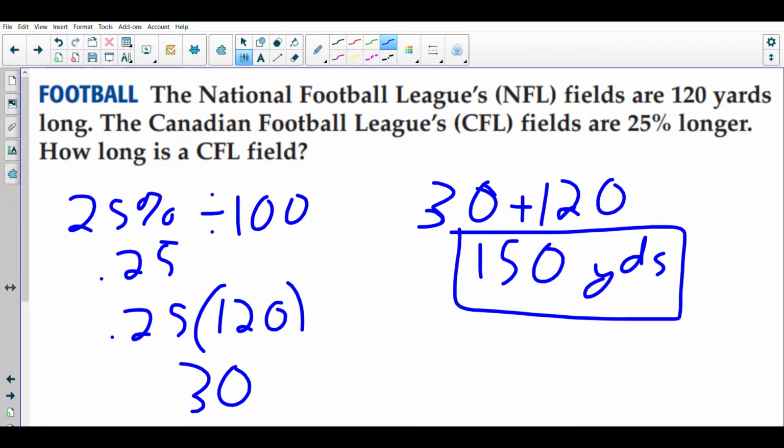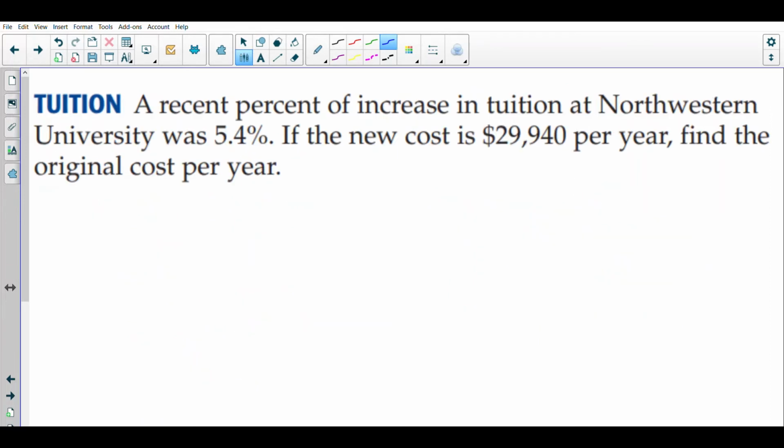And there you go. Next, a percent of increase: the increase in tuition at Northwestern University was 5.4%. If the new cost is $29,940 per year, find the original cost per year. Once again, we go back to the directions in the slides.